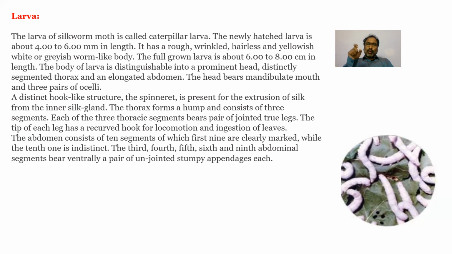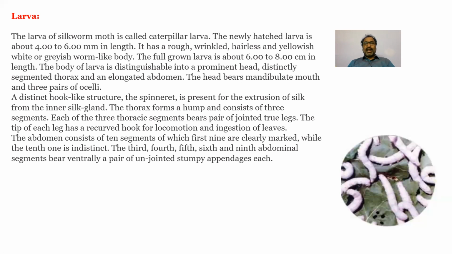A distinct hook-like structure, the spinneret, is present for the extrusion of silk from the inner silk glands. I have shown diagrammatically the silk gland structure. The spinneret is present in the anterior region of the silk gland. So from that spinneret, the silk fiber will come out.